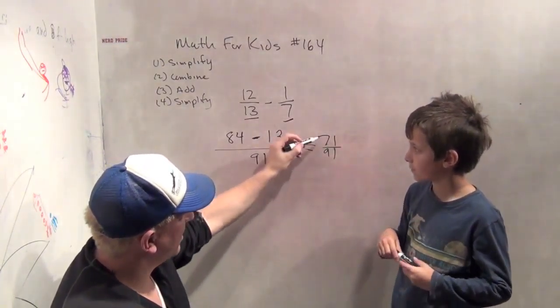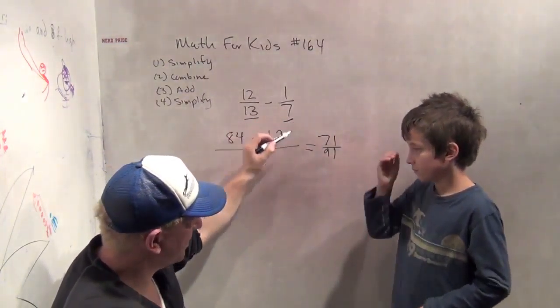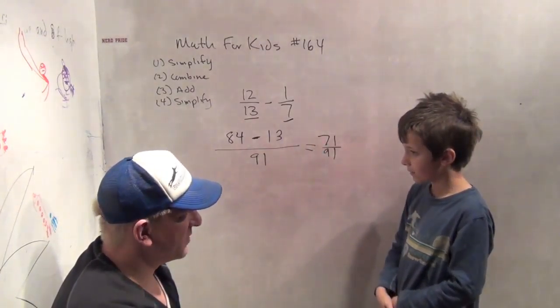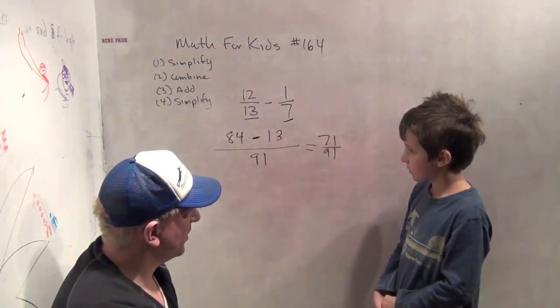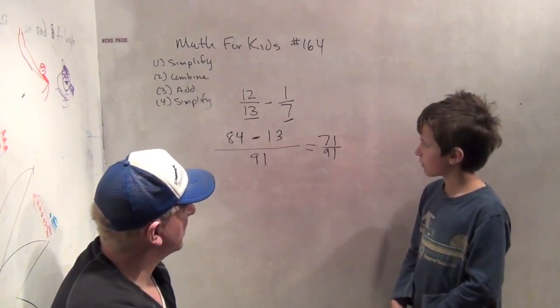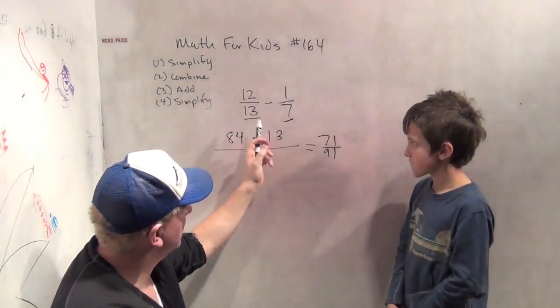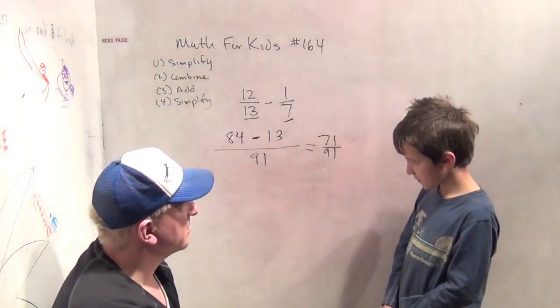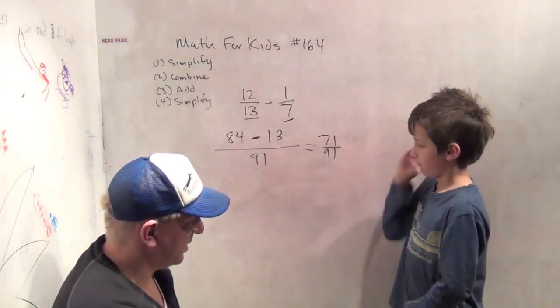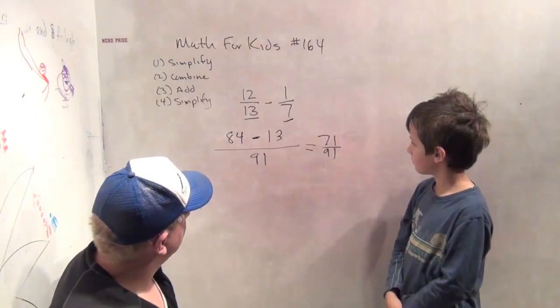So we only have to check if 71 is divisible by 13 or 7. It's not divisible by 7 because 7 goes into 70. And it's not divisible by 13 because 13 goes into 78, not 71. Very good.